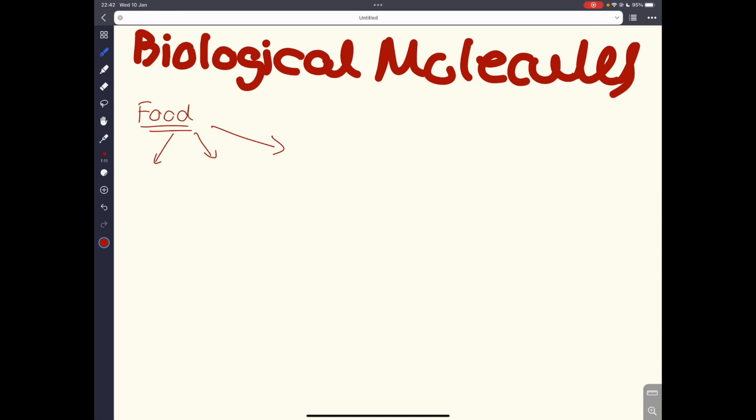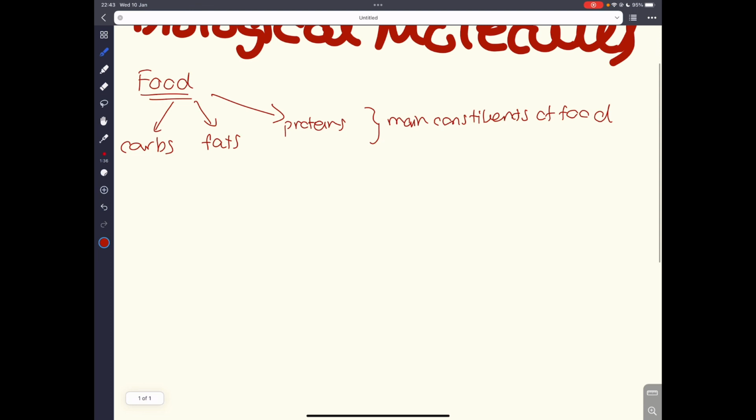The first one is carbohydrates, or carbs for short, then fats, and proteins as well. These three are the main constituents of food.